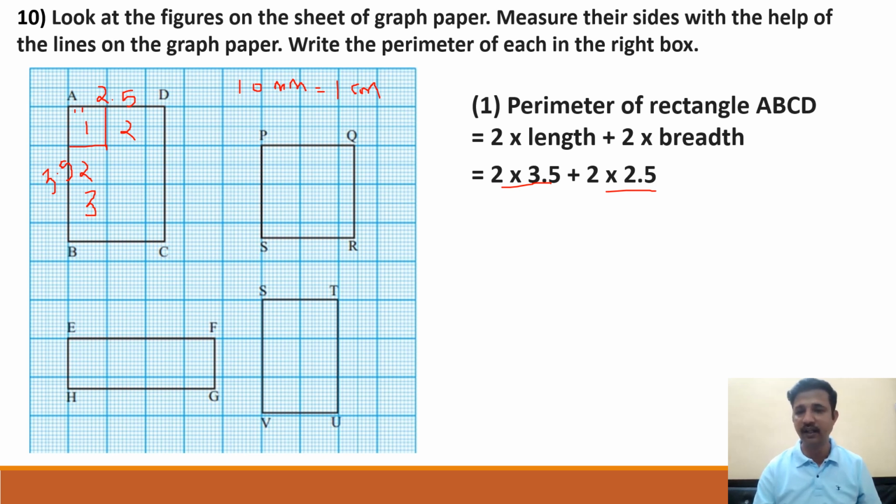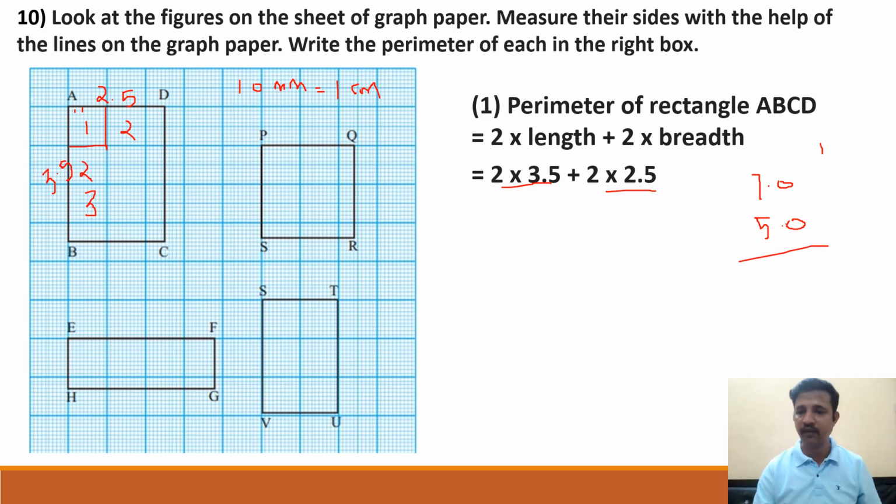2 5 are 10, 1 carry, 2 3 are 6, 6 plus 1 is 7, and the decimal point is placed here. Second, 2 5 are 10, 1 carry, 2 2 are 4, 4 plus 1 is 5.